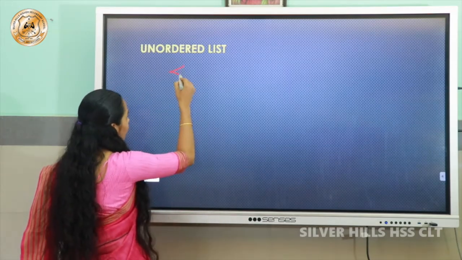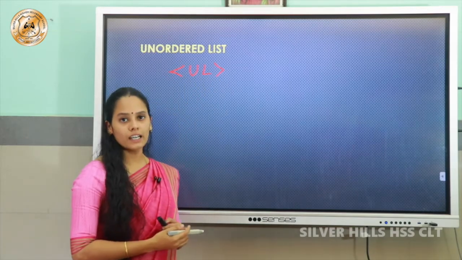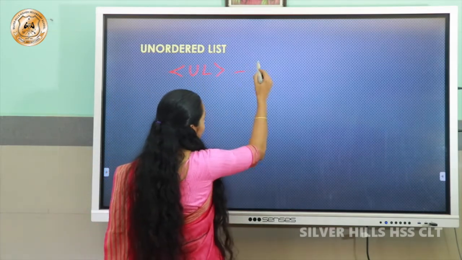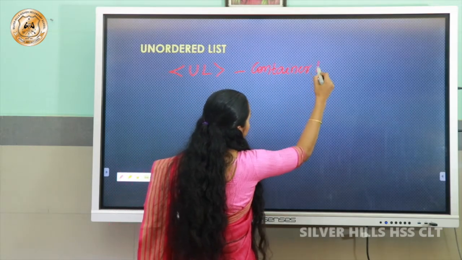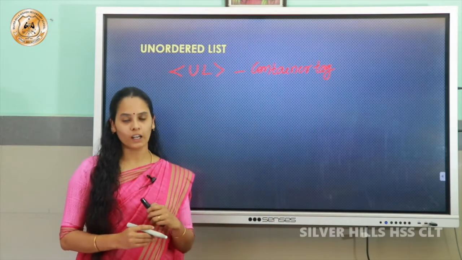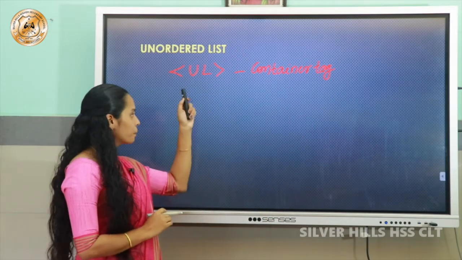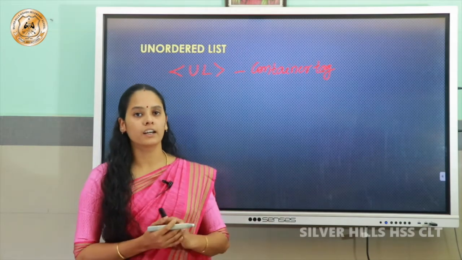UL stands for unordered list, and this is a container tag. Container tag means if you open this tag, we need to close it. Opening and closing will be there with that tag.